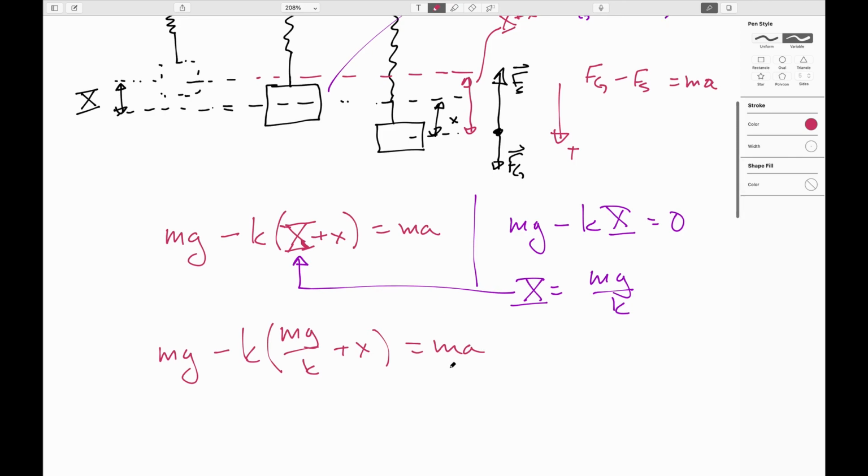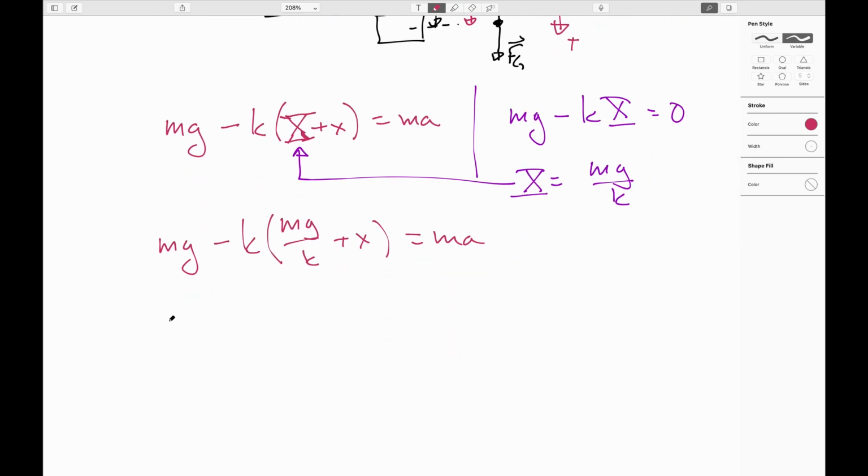Let's distribute the terms out. So we have an mg minus, okay, now this first term is going to be minus k times mg over k. Hey, that's just mg. Let's be explicit: k, mg over k, and cancel. And then this term here, minus k times plus x, will just be minus kx equals ma.